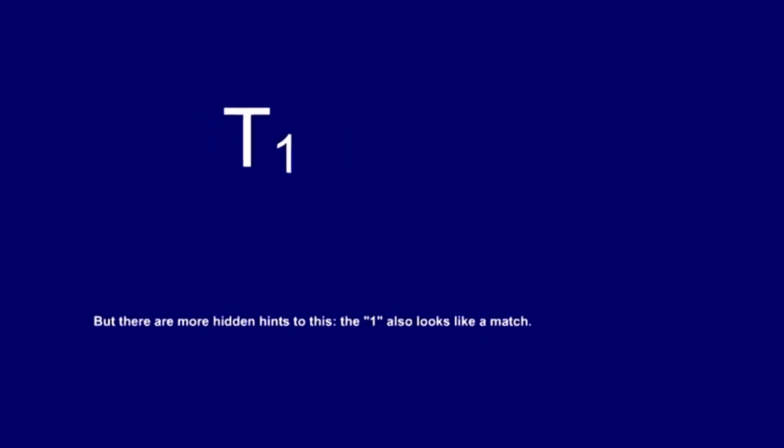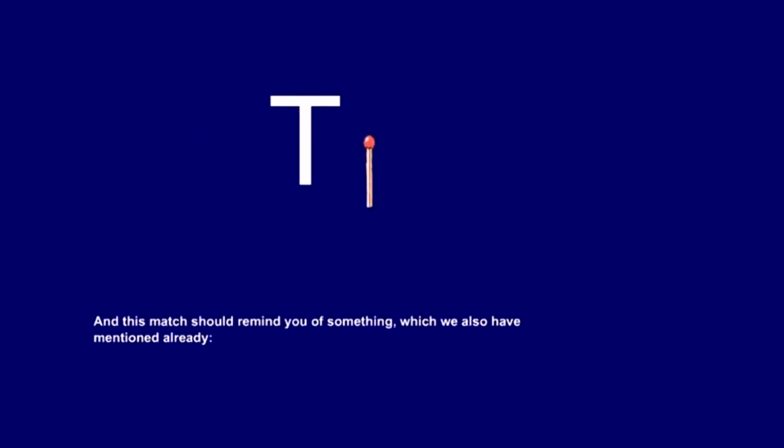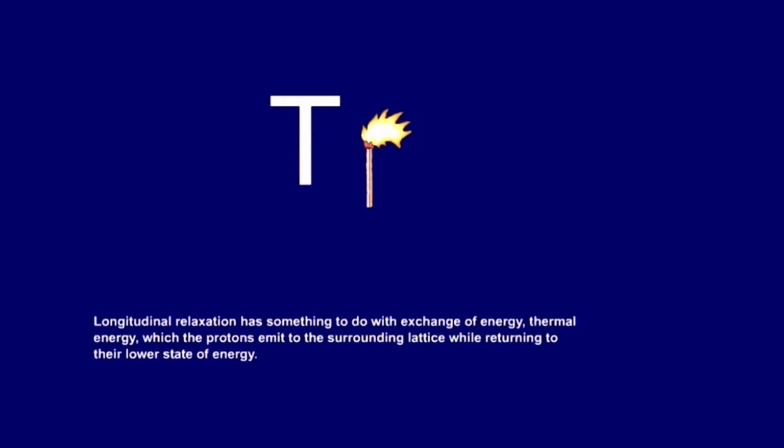The 1 also looks like a match, and this match should remind you of something which we've also mentioned already. Longitudinal relaxation has something to do with exchange of energy, thermal energy, which the protons emit to the surrounding lattice while returning to their lower state of energy.